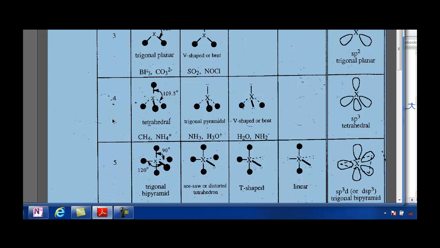But the electronic geometry of water is what? Tetrahedral. Are we okay so far? So CH4, NH3, H2O all have the same electronic geometry because they all have 4 clouds of electrons around the central atom. Are you with me? Shapes is one of those topics that some students can't relate to, so I brought the model.